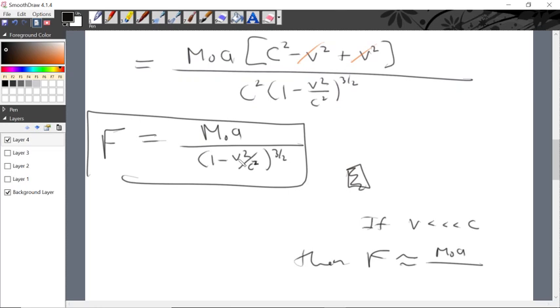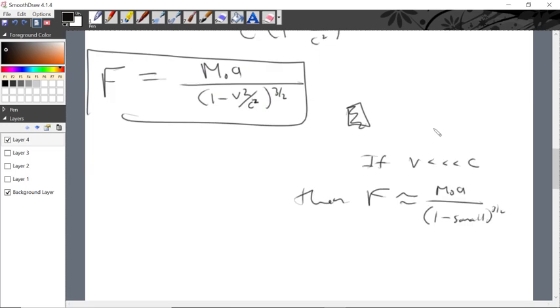Well, if the velocity is much less than the speed of light, then this fraction right here is going to be very, very close to 0. It's going to be very small. We're going to have 1 minus some small fraction to the 3/2, and that's approximately just 1. And that's approximately just the mass when the velocity is 0 times acceleration. In other words, force is equal to mass times acceleration.